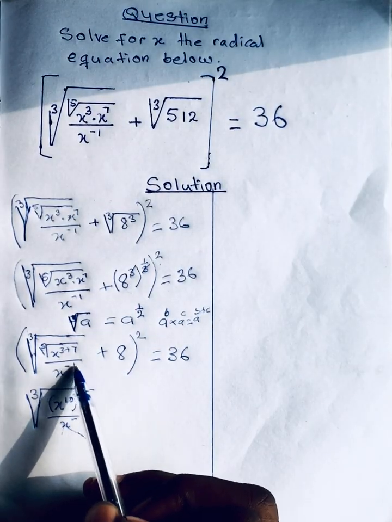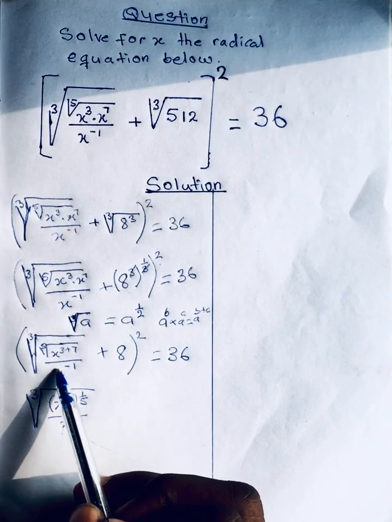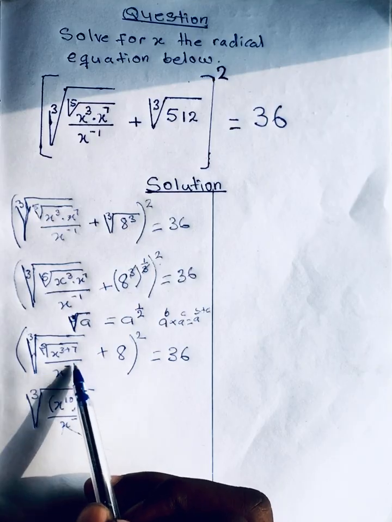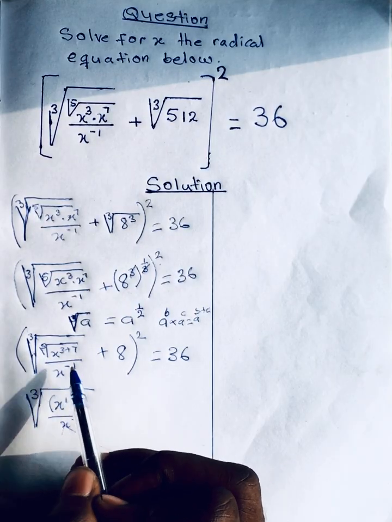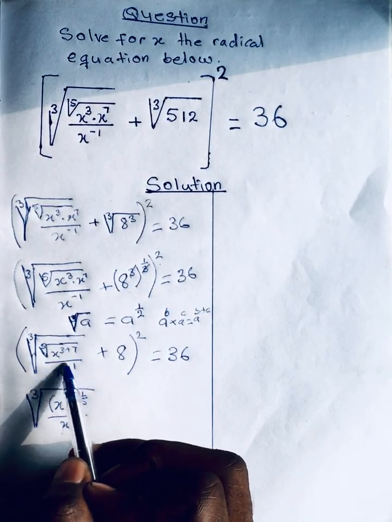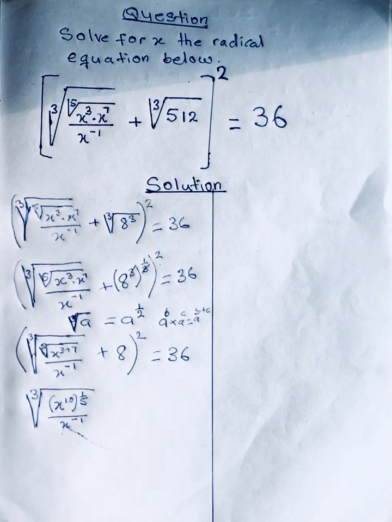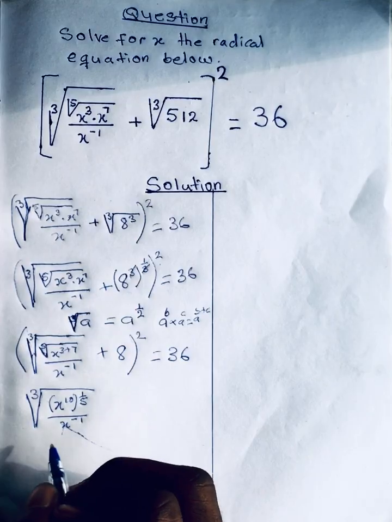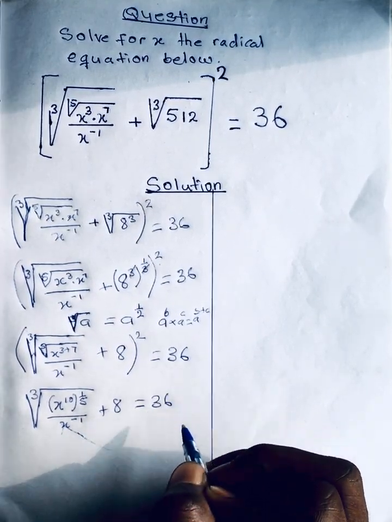Someone will say, why didn't we apply the rule that states that when the bases are the same and they're dividing, you subtract? We can't apply it because this one here is not under the radical sign, the root sign. This one is not affecting this one, so we cannot subtract it directly. Plus 8, this will give us 36.